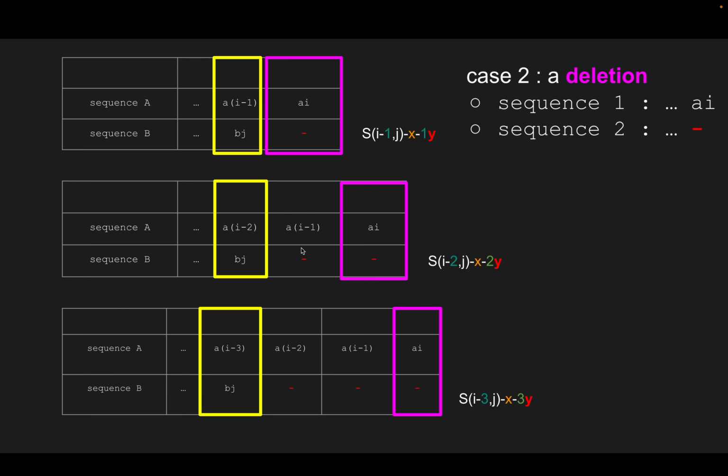It has two gap symbols, so we have minus 2y, but you only have one gap because all the gap symbols are at the end, so the gap open penalty is just minus x.